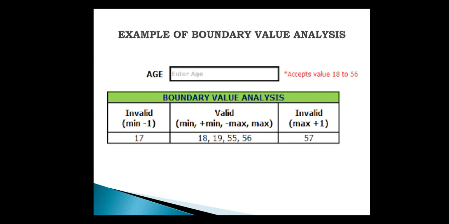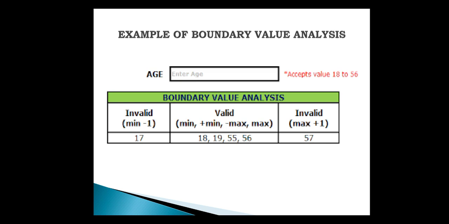If I check the maximum boundary, the maximum boundary condition is 56, so maximum plus 1 is an invalid input, that is 57. If I pass the input 17, it must give an error.